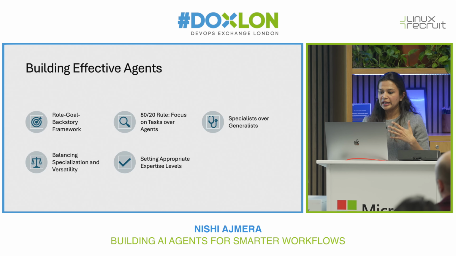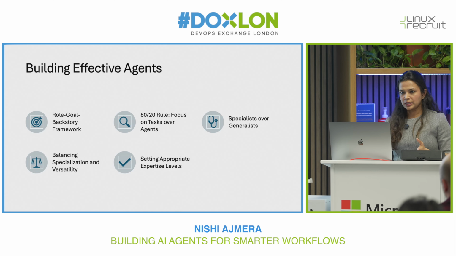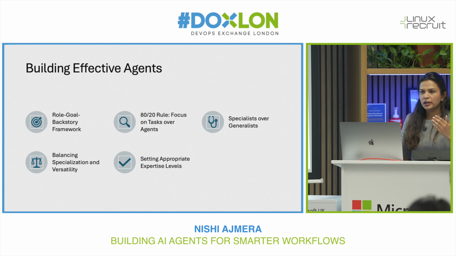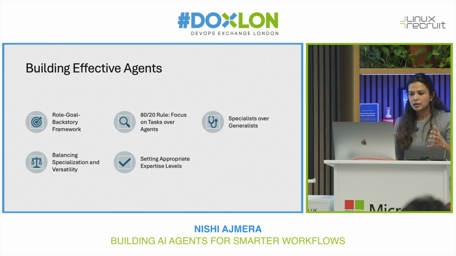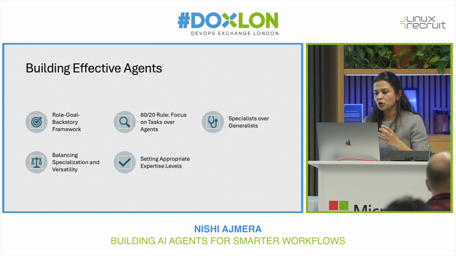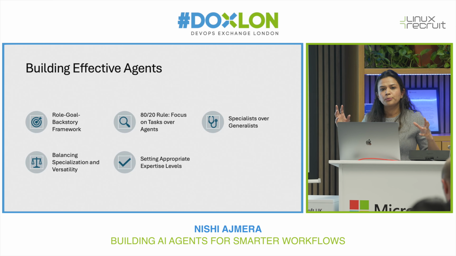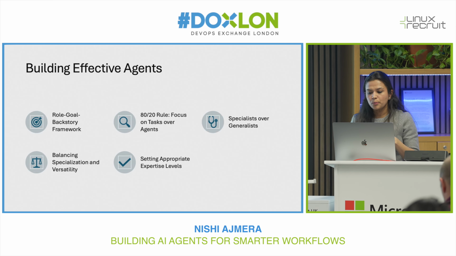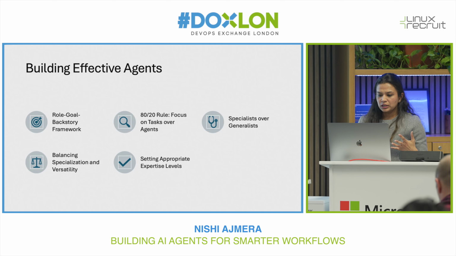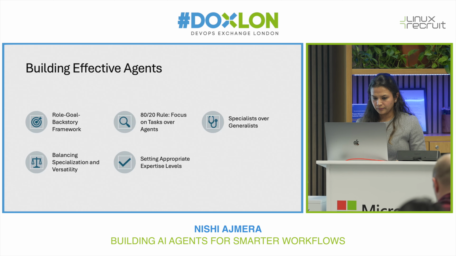Ensure that your agents can handle variations within domains of expertise. And one more thing to keep in mind over here is to consider the collaborative context, right? Your agents can be collaborating with multiple agents to perform a complex task, so make sure that you design agents that complement other agents when they work with them.